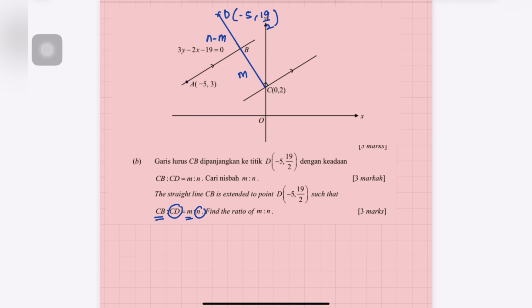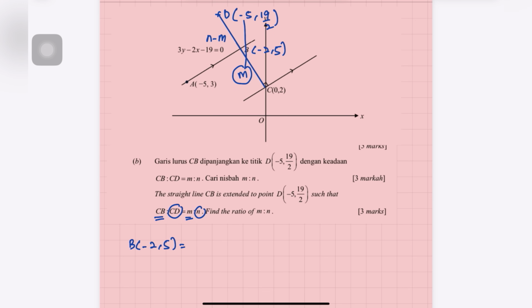Okay, so B just now is negative 2, 5. By using the formula of points that divide internally in the ratio M to N, we try to find the ratio of M is to N. So the subject is B, negative 2, 5, equals, okay, we try to do coordinate x first.